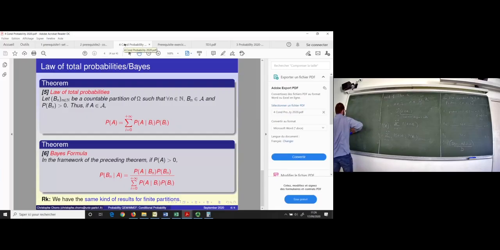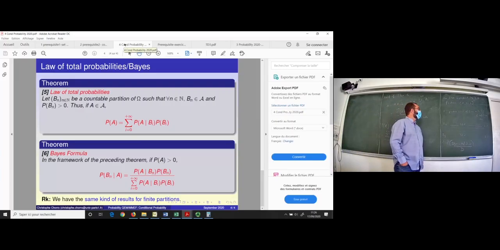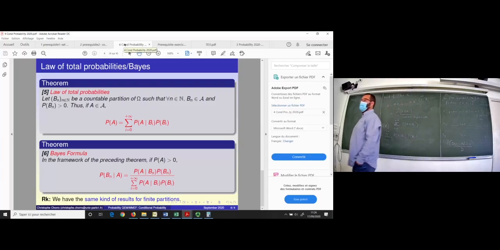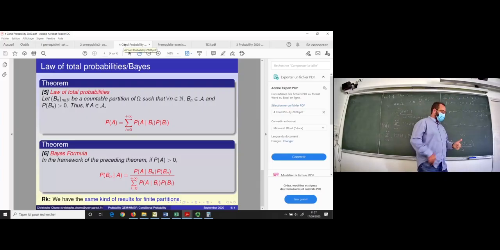What do I have to do? Well, of course, it is related to what I have done previously. Here I am not in the case of a countable partition, but a finite partition. Which one? What is my underlying partition of the universe here? Just have a look at the statement. I know that an item can be produced by F1 or F2 or F3.